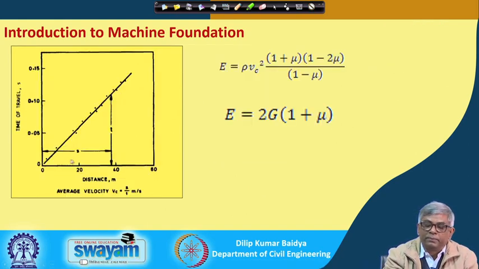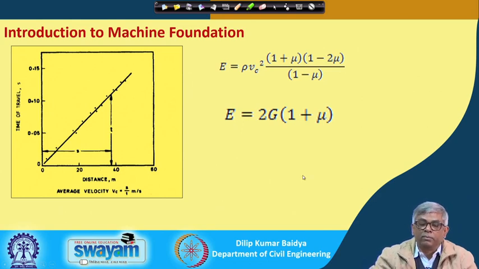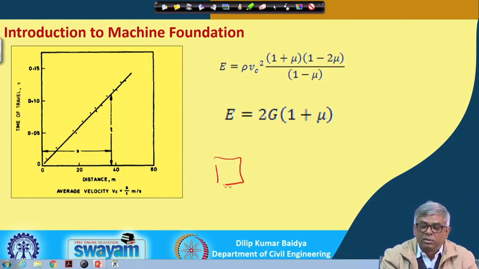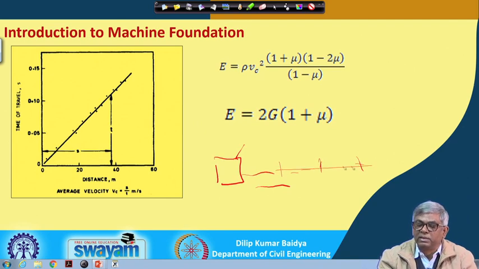Similarly, there is another test, the hammer test. If I take a block and strike it, vibration will be there, and if I measure at different positions the arrival times, the distances are known.